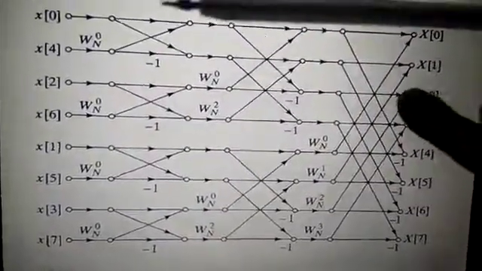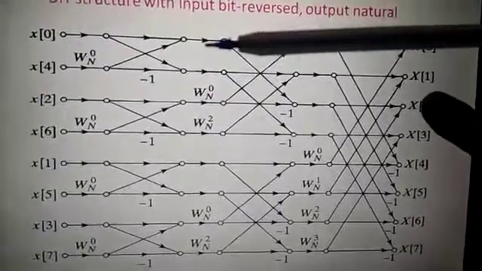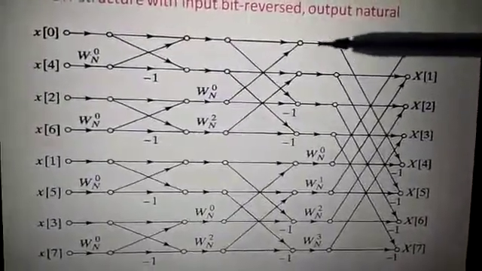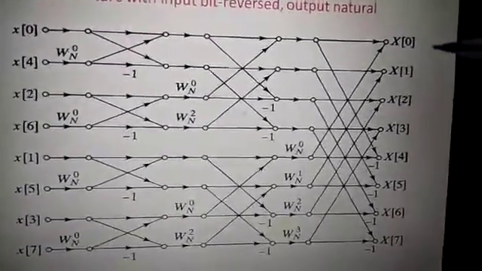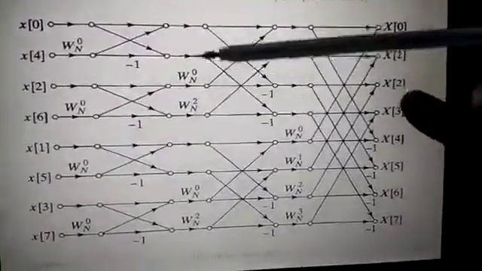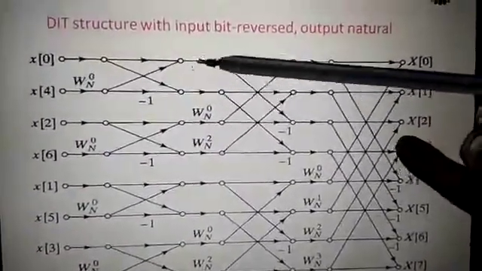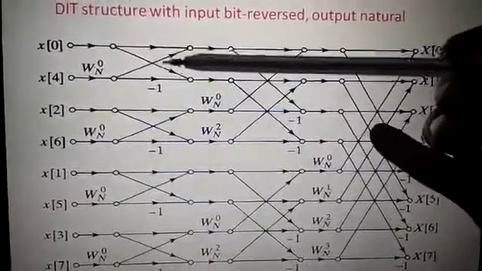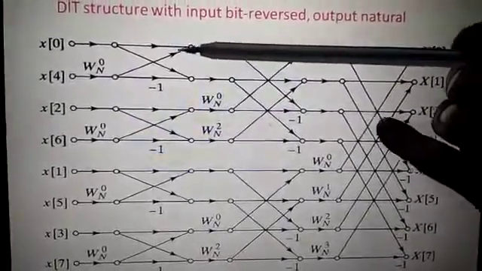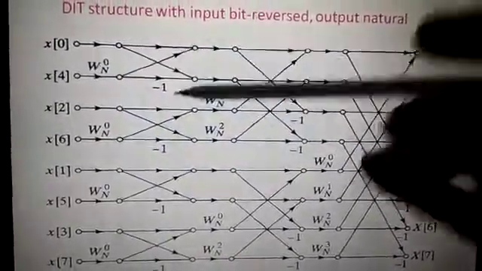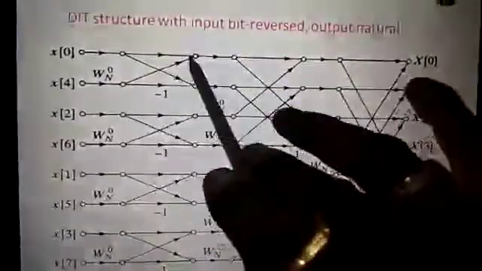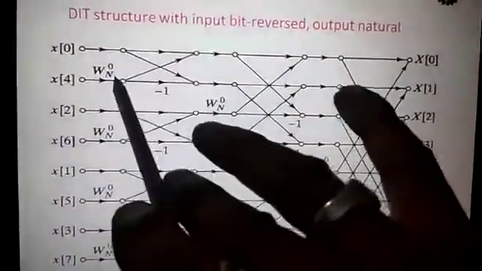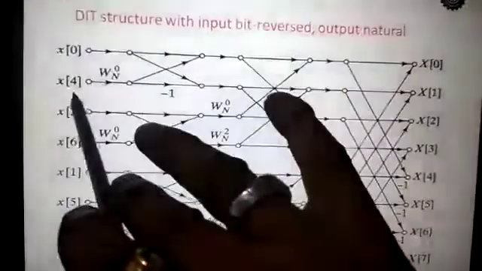And this is the output of the first stage, this is the output of the second stage, and this is the final output. So by this algorithm, you simply get the output as shown in the figure. This output will be equal to capital X of 0 plus omega N 0 into x of 4.